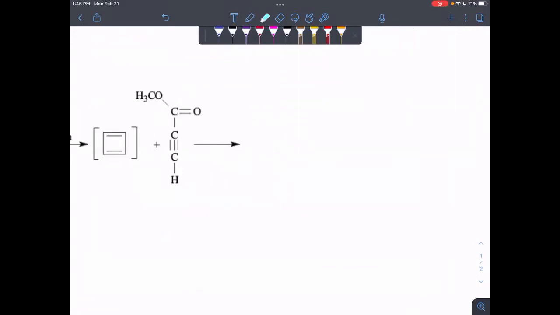It is an alkyne. Oh, this is where my eraser is. Damn, I lost it for like 2 weeks.